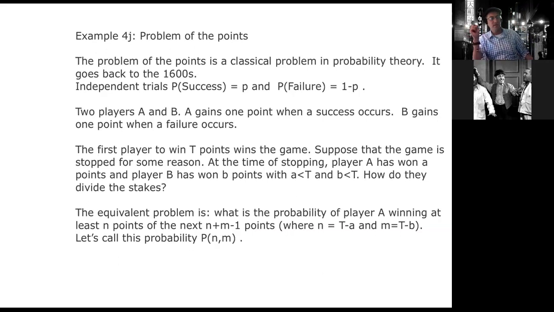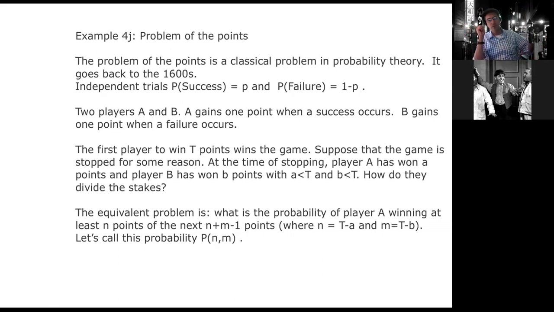Whenever I say that fancy term, all I mean is you're doing an experiment with one of two outcomes. Think of flipping a coin, and you consider it a success if you get heads and a failure if you don't get heads, you get tails. So let's assume the coin is not necessarily a fair coin, so the probability of heads is P, or the probability of success is P, and the probability of failure is therefore 1 minus P.